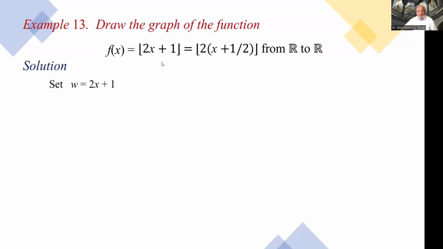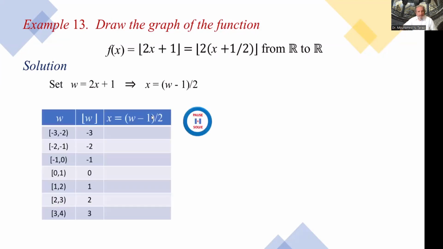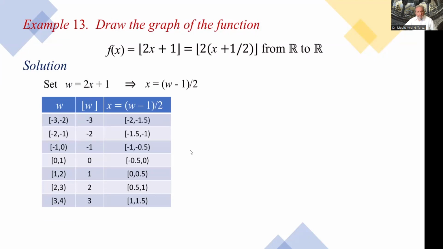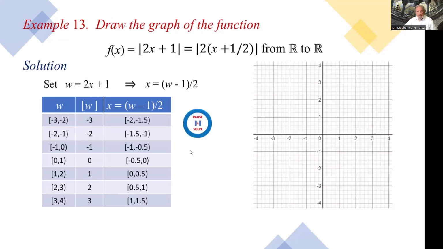Again, you call this W. Find x. x is equal to W minus 1/2. Okay, so we make the table. Here's the table. We need to draw the function. Again, take your time. This is going by 1/2.